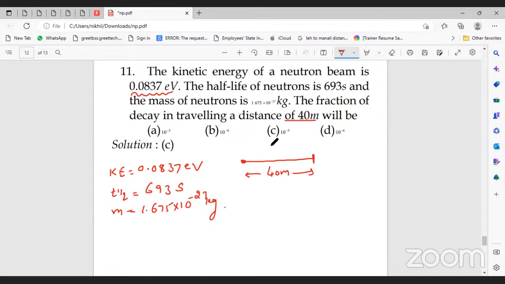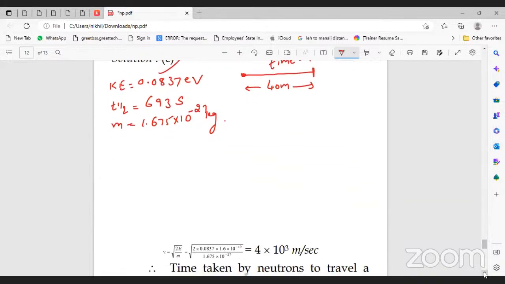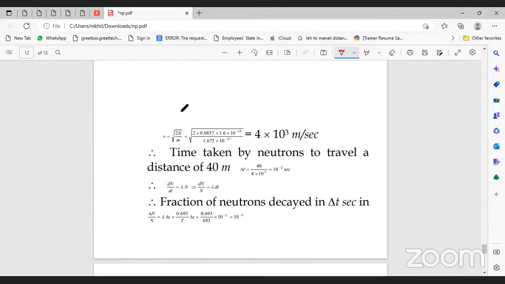First, you have to calculate the time taken by the neutron to travel this distance of 40 meters with a kinetic energy of 0.0837. The kinetic energy is nothing but half mv square. So you can calculate V, that is the square root of 2 times kinetic energy by mass.